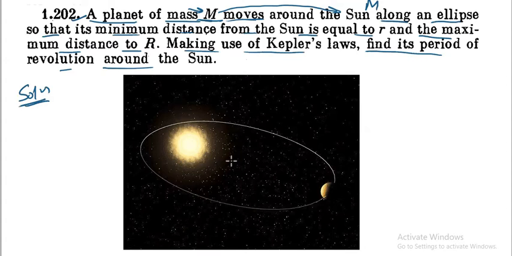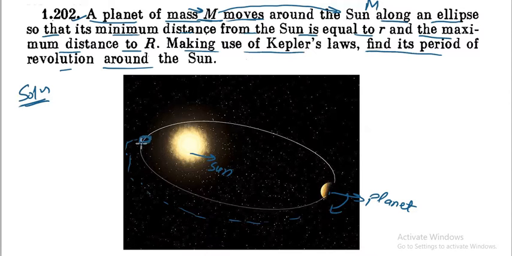Suppose this is a planet, as you can see on your screen, and this is the sun. Suppose the planet is rotating clockwise, tracing its elliptical path.